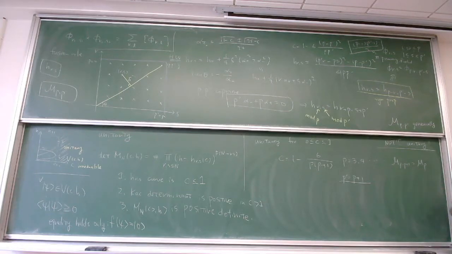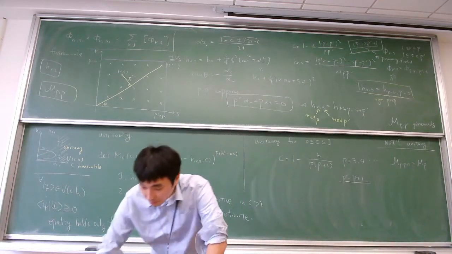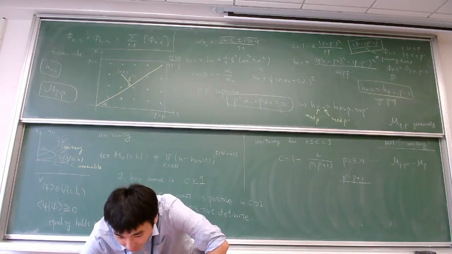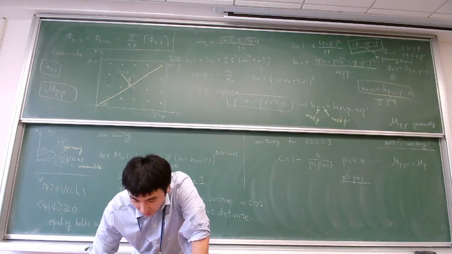On the other hand, when P prime is equal to P plus 1, it becomes unitary. The derivation is given in the reference here, given by Cardy. So this unitarity is given by Cardy.